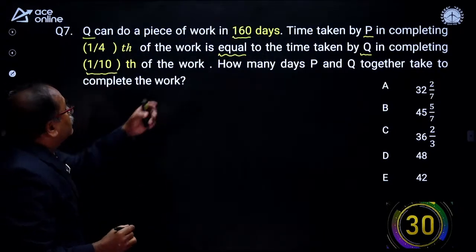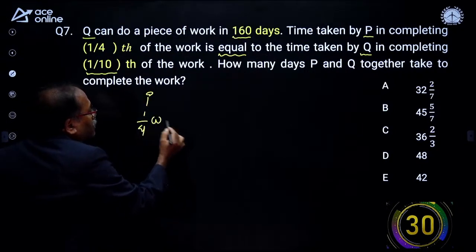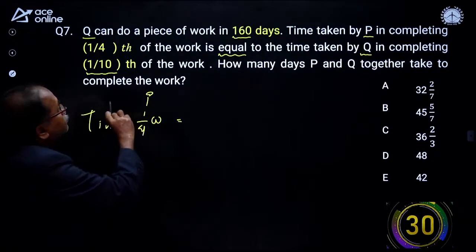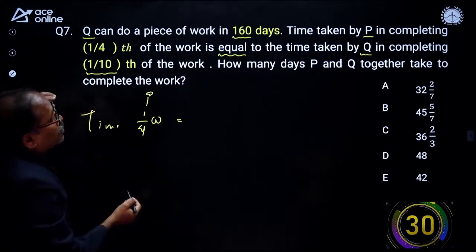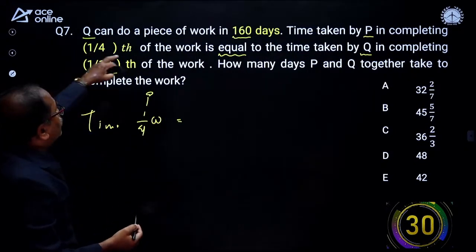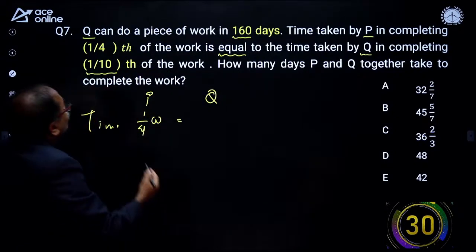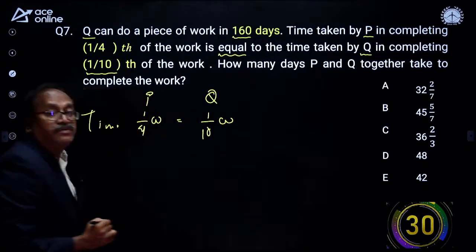Time taken by P to complete 1/4 of the work is equal to time taken by Q to complete 1/10 of the work. This is given to us.